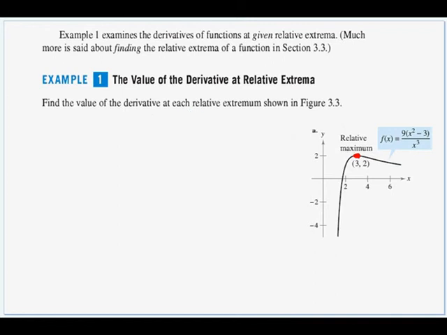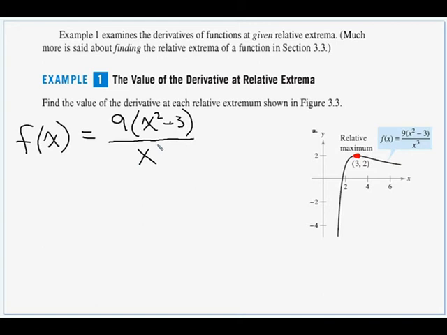So we have our given function, f of x is equal to 9 times the quantity x squared minus 3, all divided by x to the third. And what they're asking us to do is take the derivative and make sure that that derivative is equal to 0 at the value x is 3.